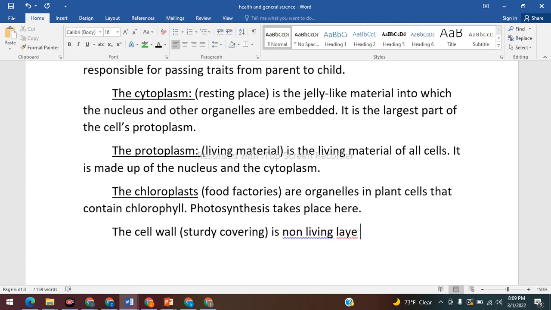So it's not living, it's just a sturdy covering made up of cellulose that surrounds. What does it surround? The what? Cell membrane. Cell membrane, very good. It surrounds the cell membrane of the plant cell.